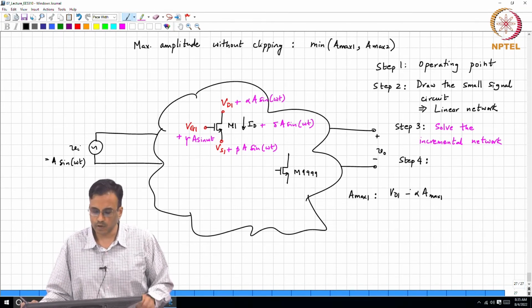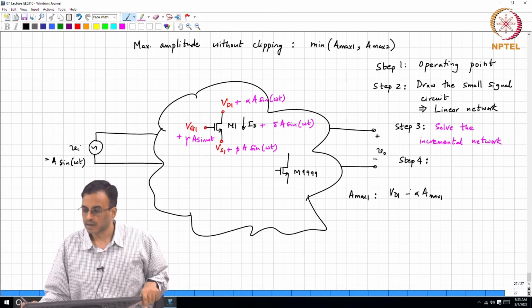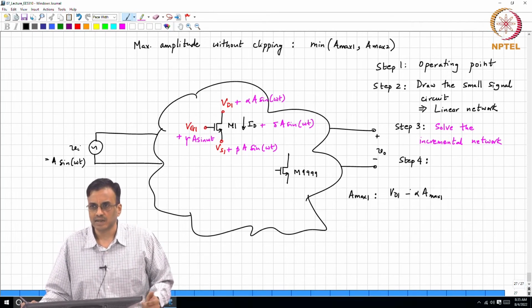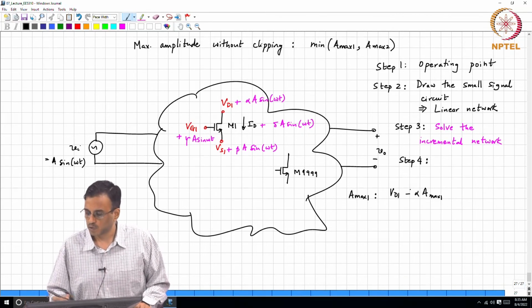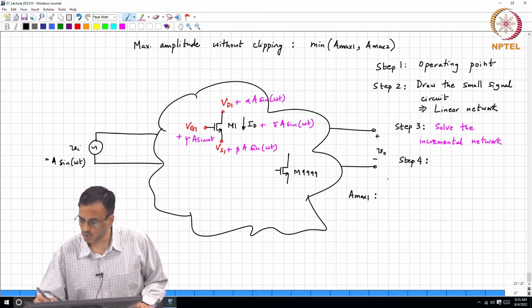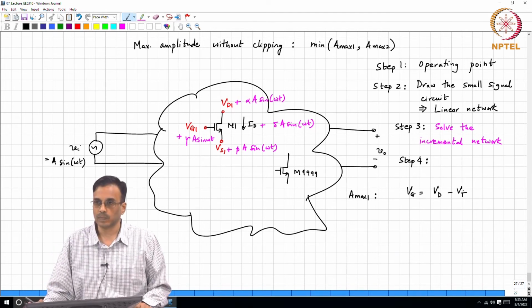But bottom line is that you find the smallest potential of the drain, and the largest potential of the gate, and you must solve for Vd equal to Vg minus Vt. Does it make sense?